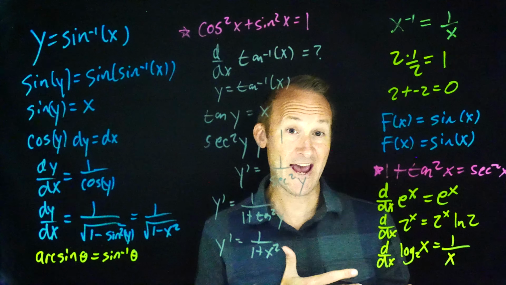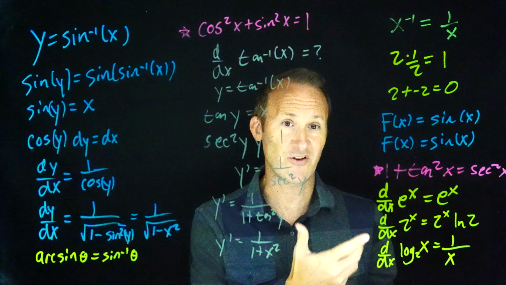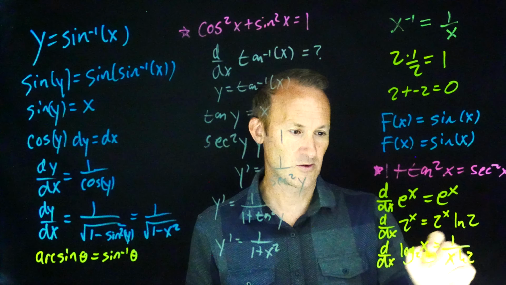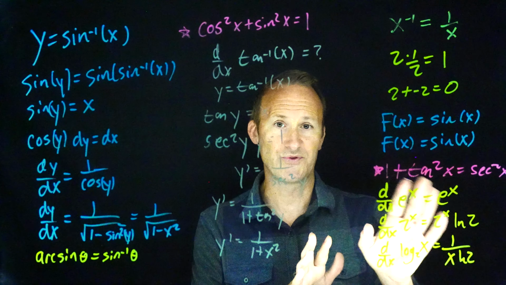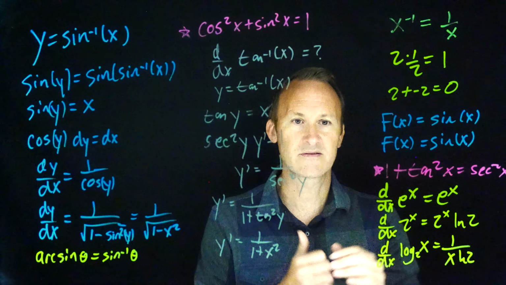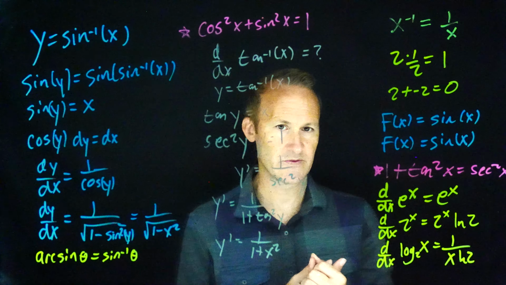But it's got to have something else there. And this is now just like the other one. It's going to be natural log of 2. So what I put up here for 2 will definitely work for any base, any number. So just want to add those couple derivatives.